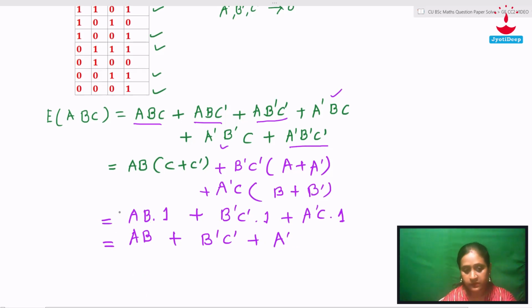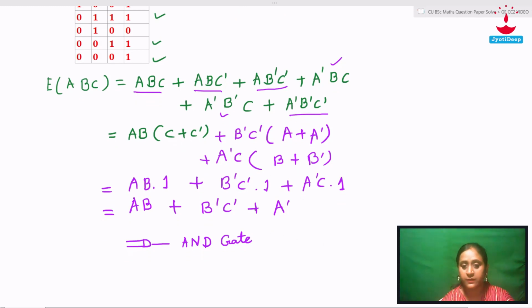We will use the AND gate. I have not written this, A dash C it is.